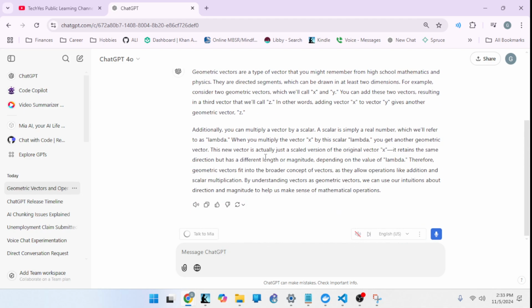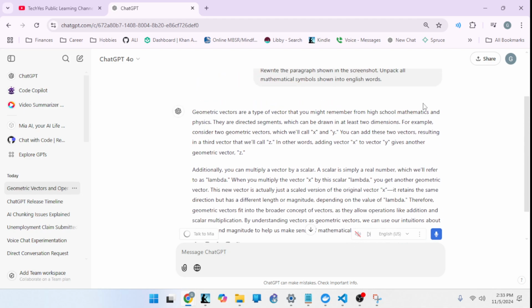All right, so what is that if everything is written out into English? Geometric vectors are a type of vector that you might remember from high school mathematics and physics. They are directed segments which can be drawn in at least 2 dimensions. For example, consider 2 geometric variables, which we'll call x and y.